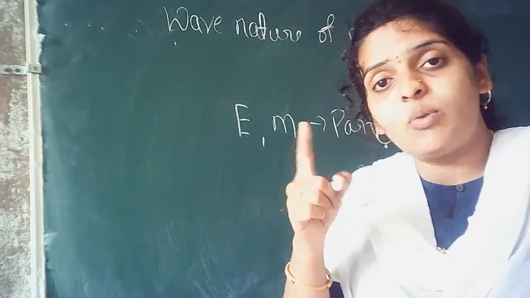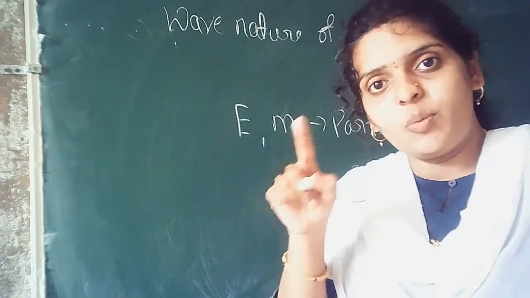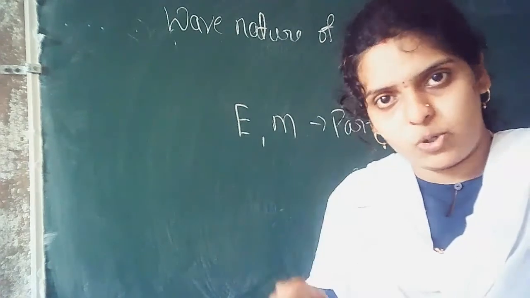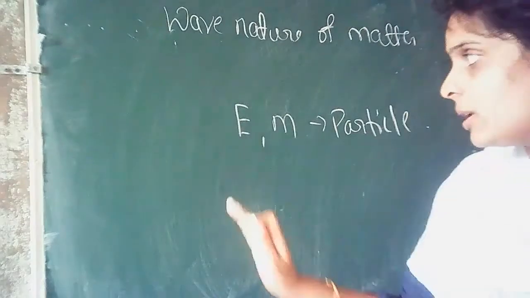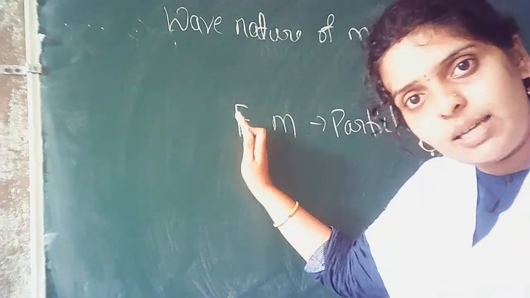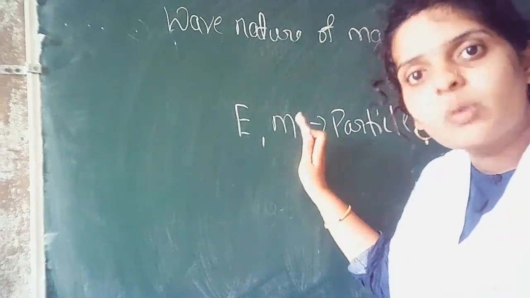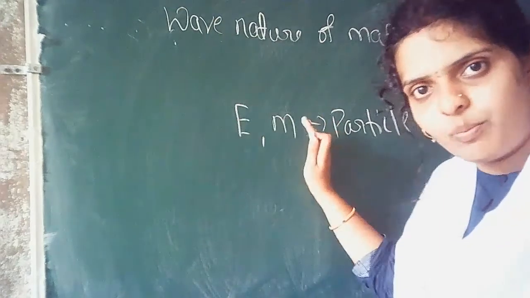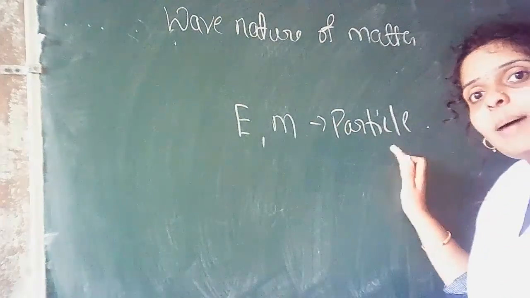Light energies are in discrete form of energy, that is nothing but the photon here. So the photons are having energy as well as momentum. When they have both energy and momentum, it behaves as a particle.